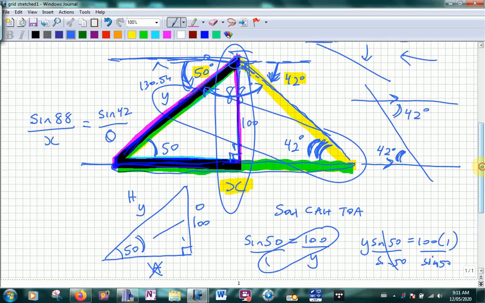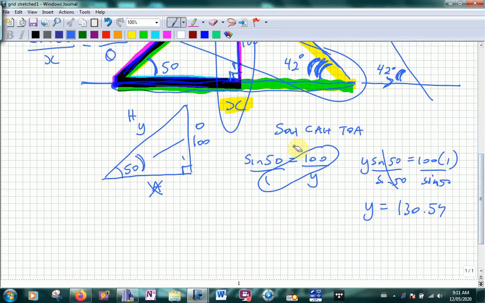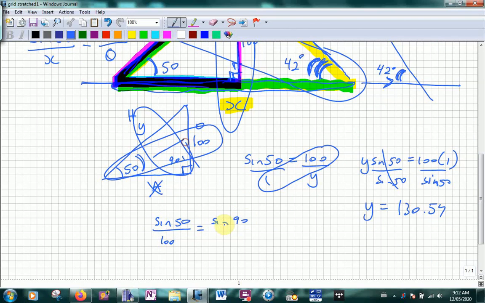But before I do that, let's say you forgot SOHCAHTOA. Well, you know this is 90 degrees, don't you? So sine law says, which one do I want on top? I don't know, it doesn't matter. Sine 50 over 100 is sine of 90 over y, right? So cross multiply: y sine 50 is sine 90 times 100.